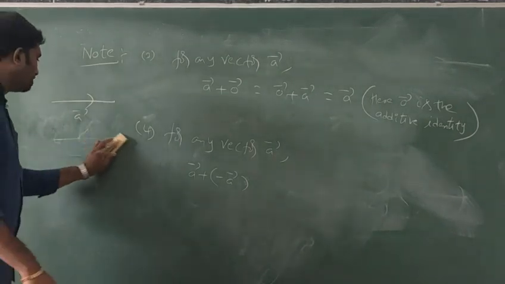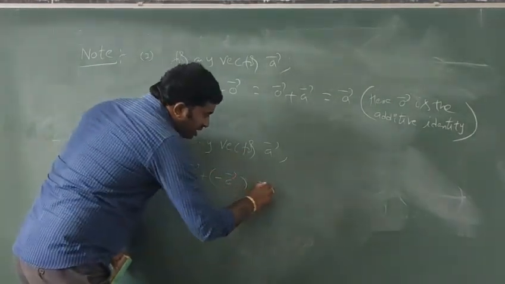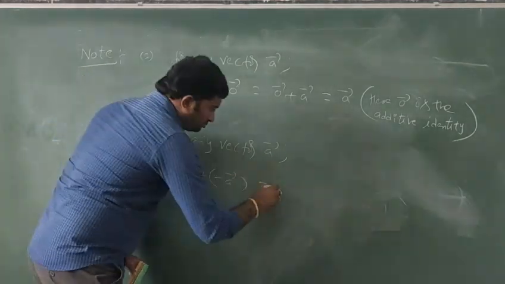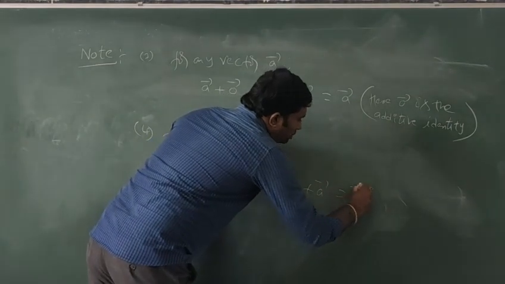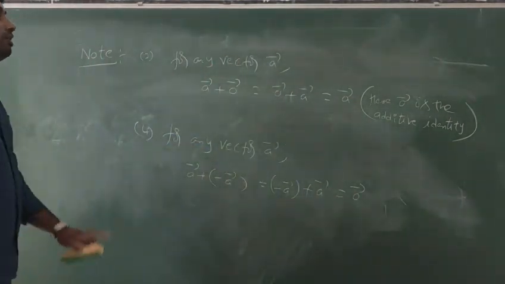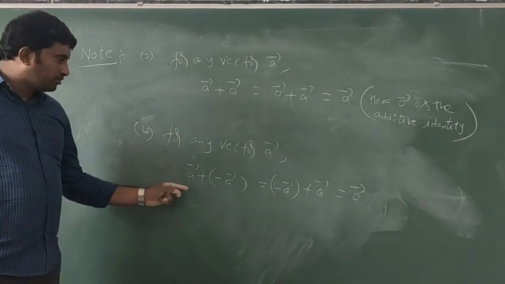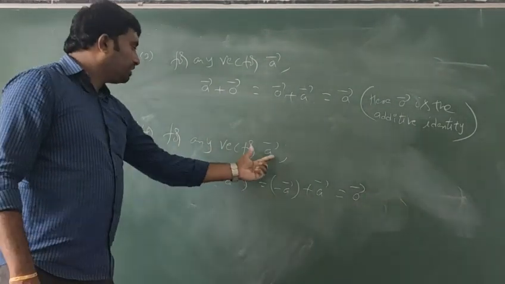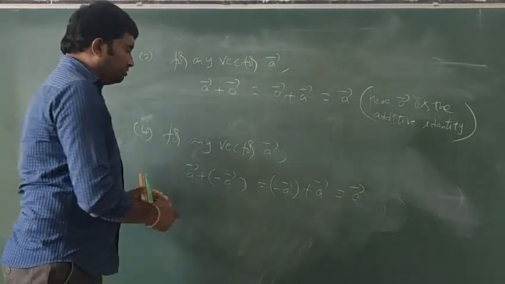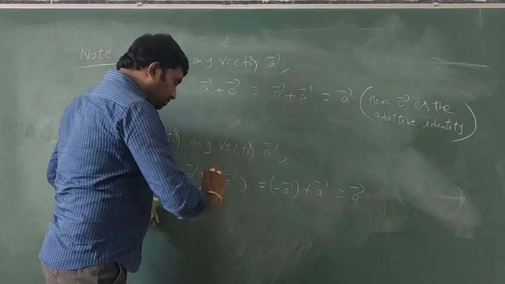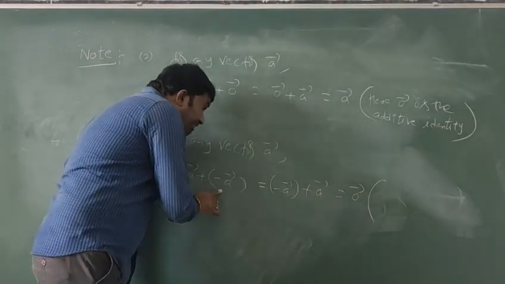For any vector A bar, A bar plus minus A bar is equal to minus A bar plus A bar is equal to O bar. We get the null vector. This we can also verify using the second exercise problems. First, write it down as a note.